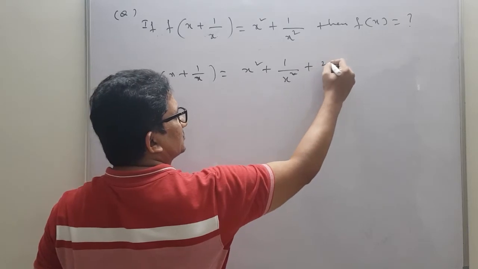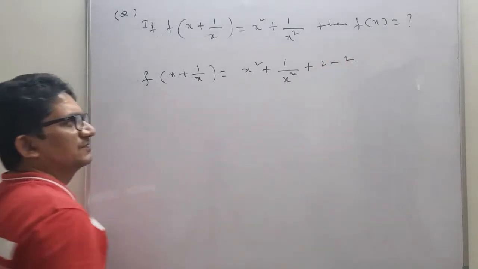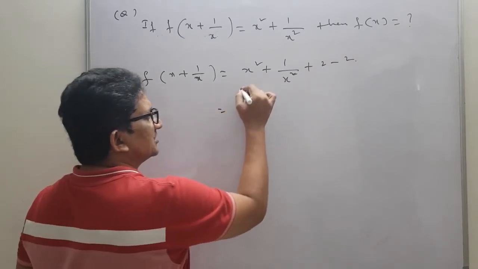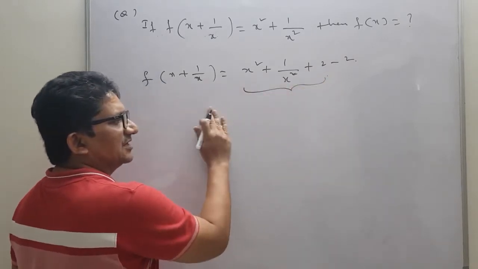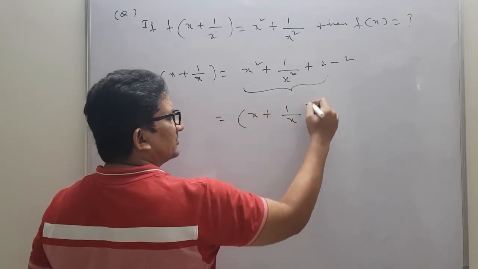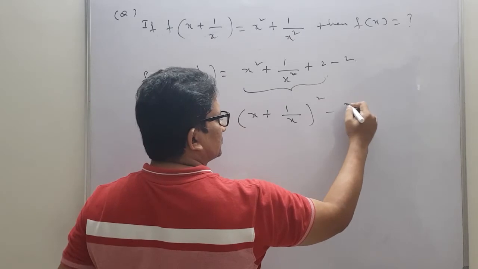Now add 2 and subtract 2. By adding 2 and subtracting 2, the first 3 terms form a perfect square combination. So we can write it as x plus 1 by x whole square minus 2.